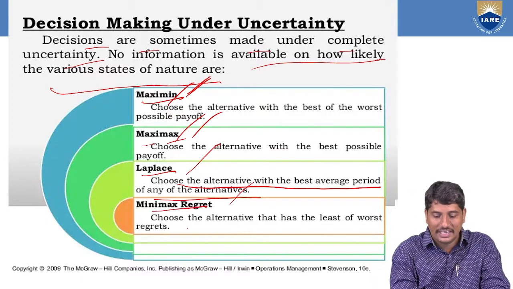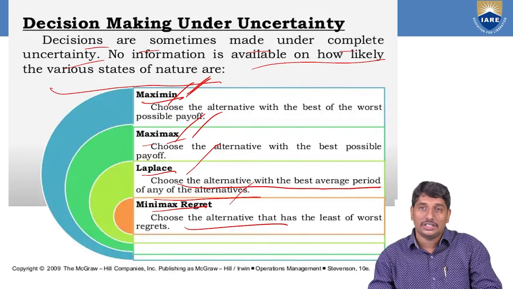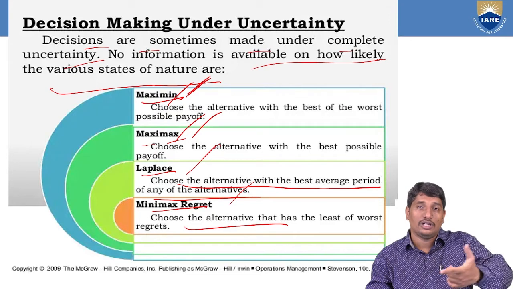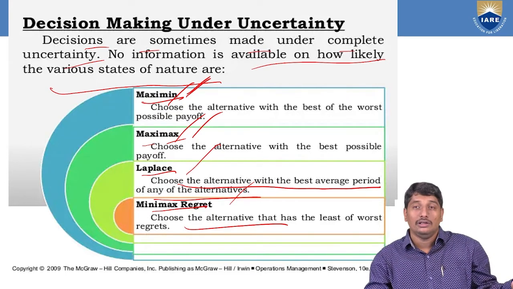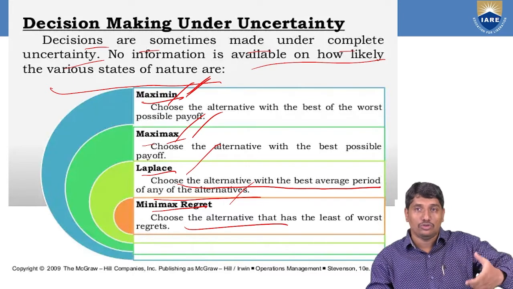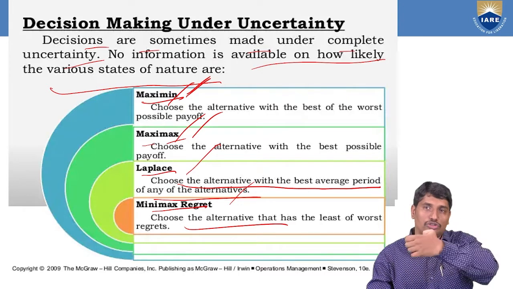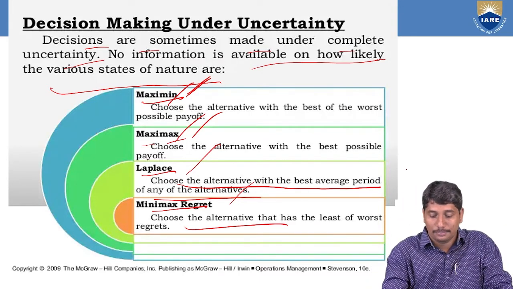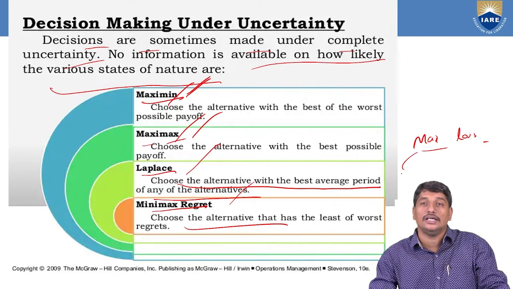And the minimax regret criteria: when you know that you are going to face losses in your four business environments in the coming month, and you have to select only one of the four choices, you write down the maximum losses and select the least among them.